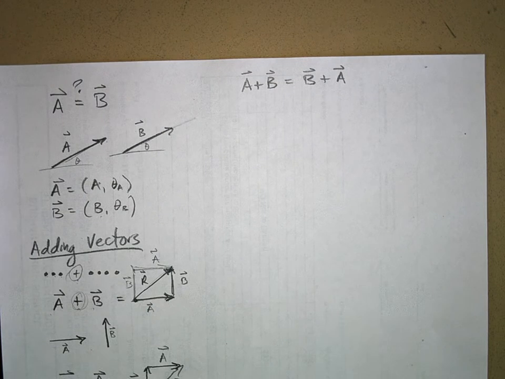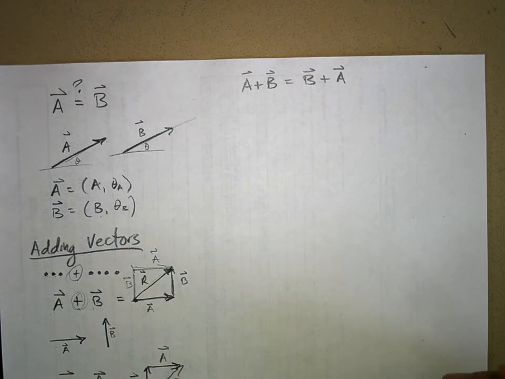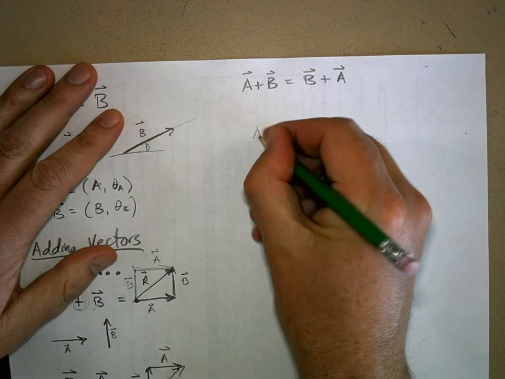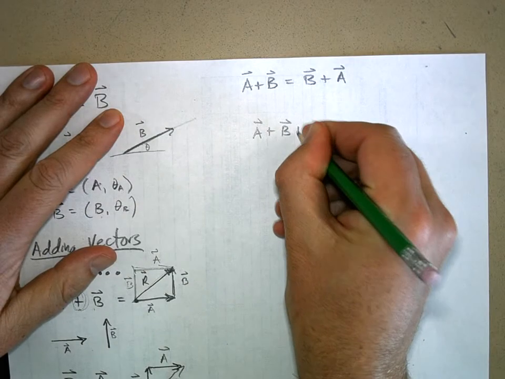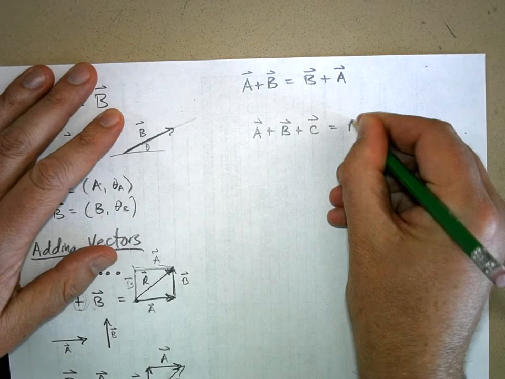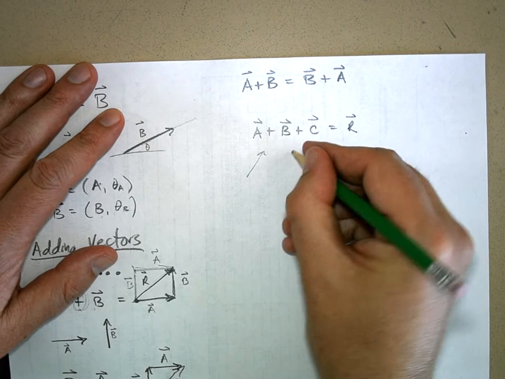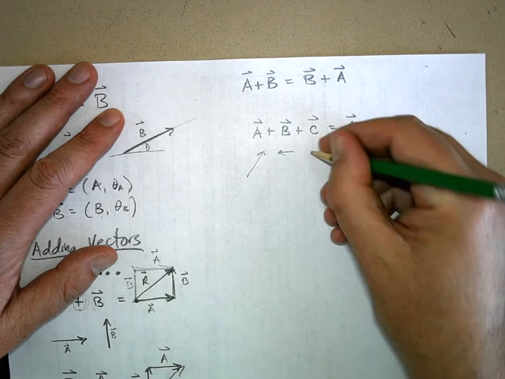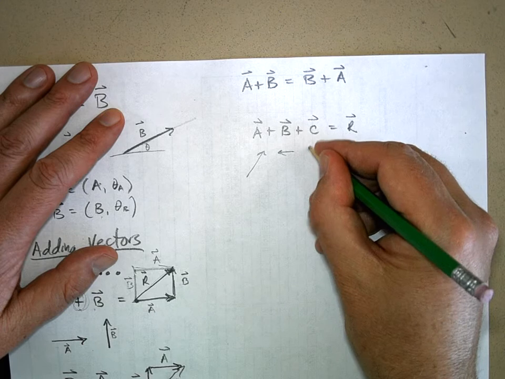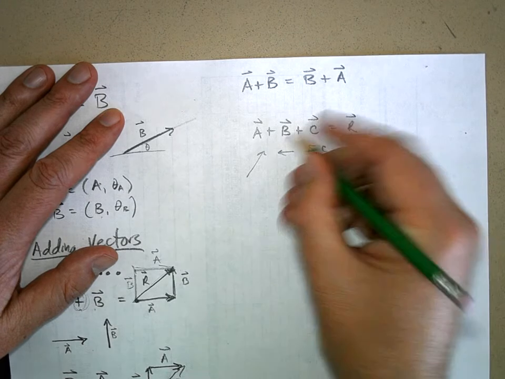Now, if I have three vectors, A plus B plus C, it works the same way. Let's go A plus B plus C equals R. Let's make up a vector. Here's A, here's B, here's C. I'm just making these up.